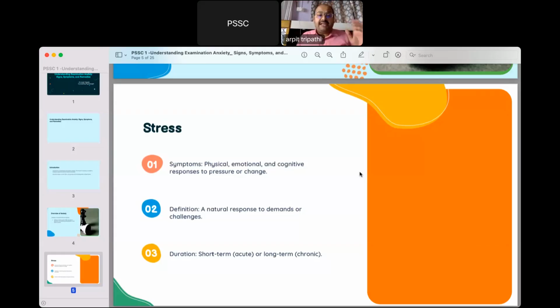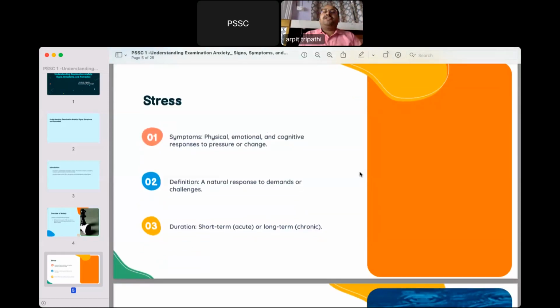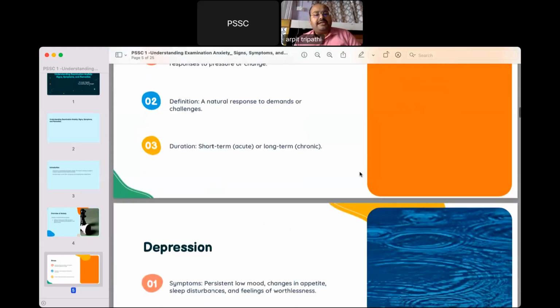Cognitive level means your thinking, belief, your analytical power, all that stuff. And any stress which persists for a short term period is called acute stress, and something which persists for a long term period is called chronic stress.